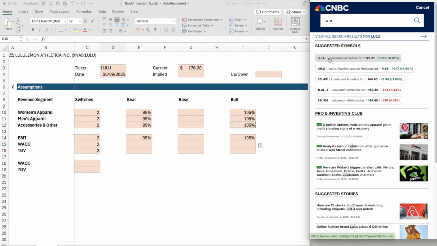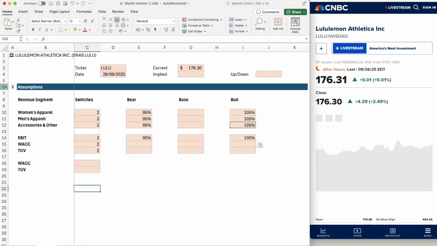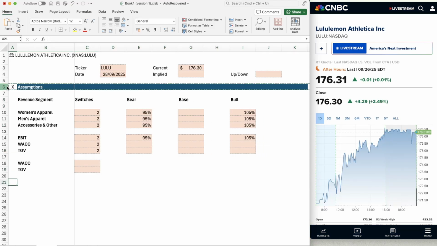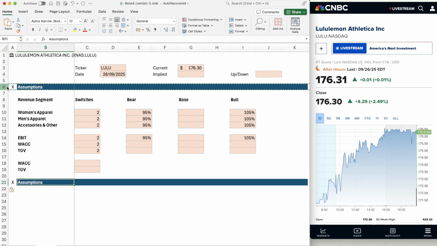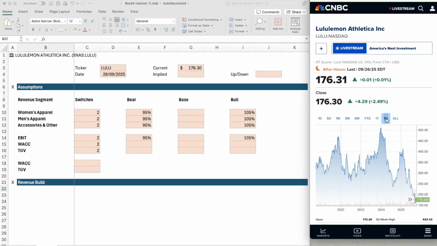I think it was near 400. Now it's 176, as we've got up here. Let's let that load. Just keep building. There we go. And this is a revenue build. If we go back 5 years, look at that. It was over 500 at one point, and now we're down at 176.